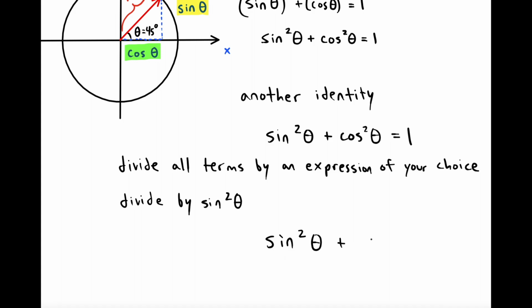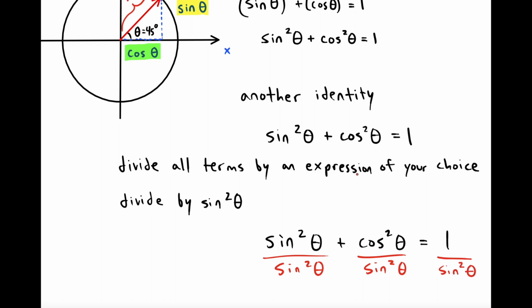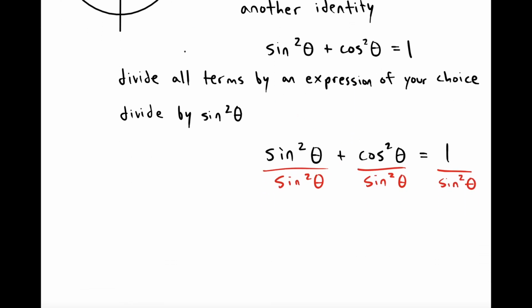Sine squared theta plus cos squared theta equals 1, and then divide each by sine squared theta, and do the same thing to this one. Now this would become just a 1 because it's something divided by itself.